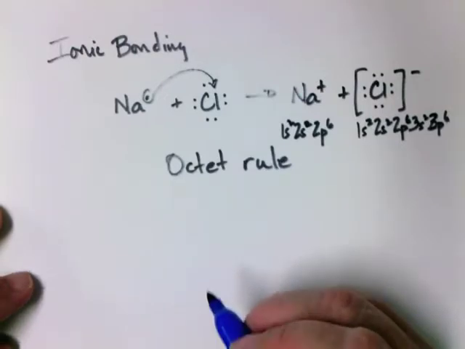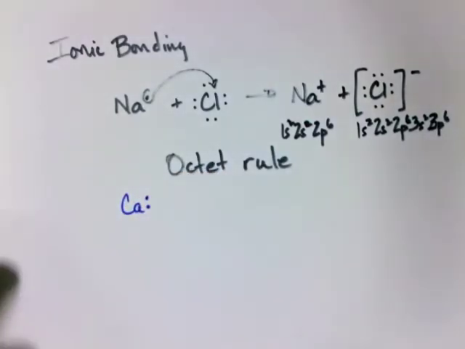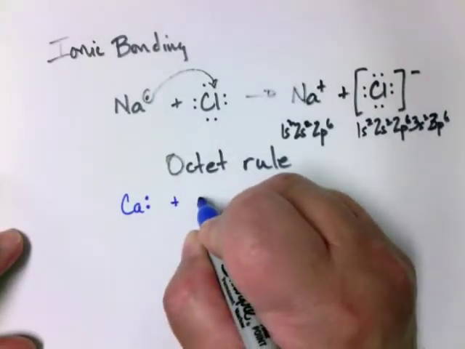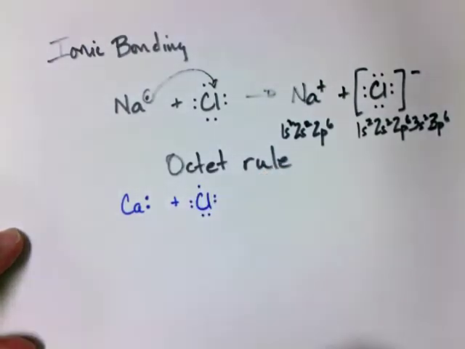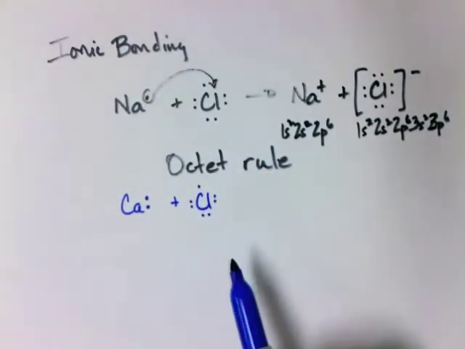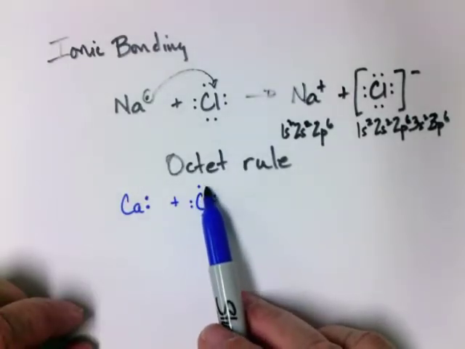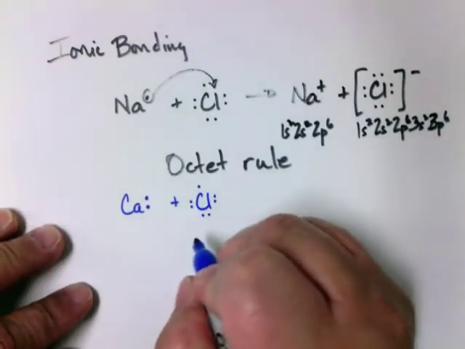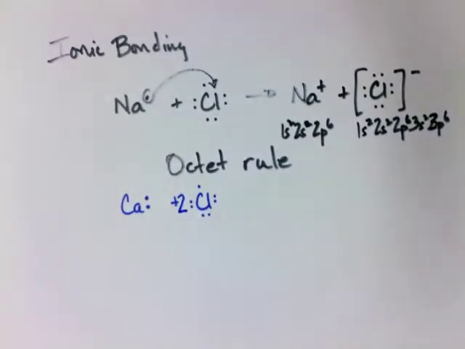And so let's consider calcium and chlorine. Calcium is in the second column, so it has 2 electrons in its s subshell, plus chlorine again. But now chlorine, since it has only one vacancy in its outermost subshell, we're actually going to have 2 of those chlorines in order to combine with the calcium.